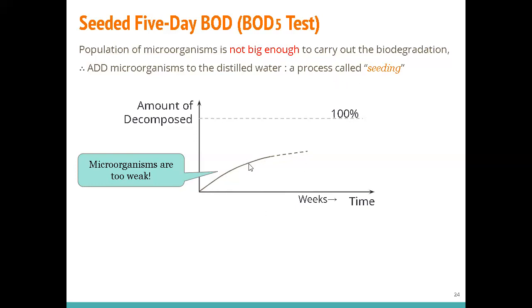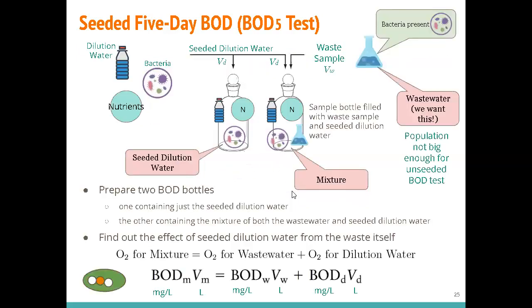So if your microorganism is too weak, then your organic matter decomposition is too weak, right? This curve is changing too slowly, okay? So what do we do? We collect the sample from the environment here. We collect the sample and what does it contain?